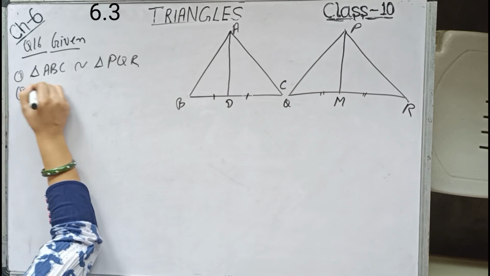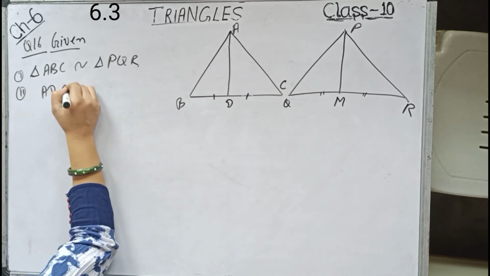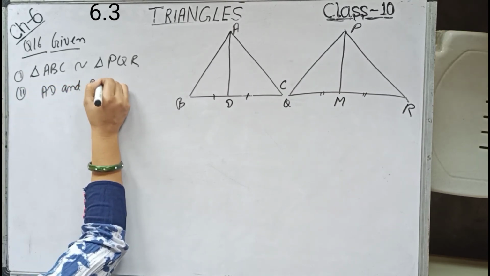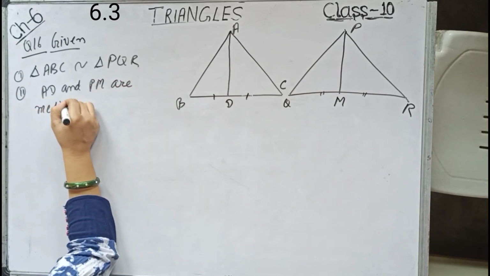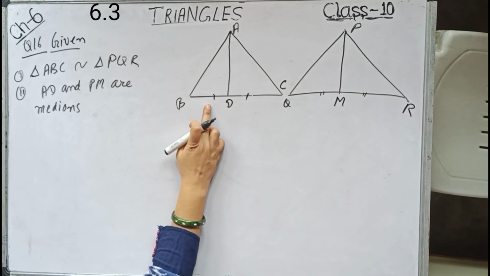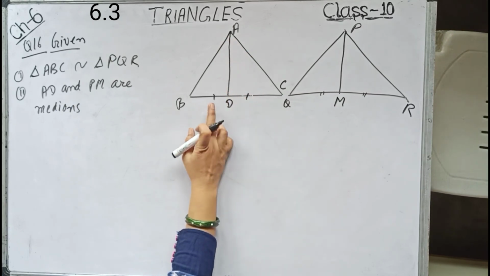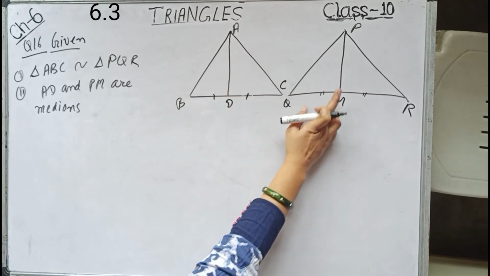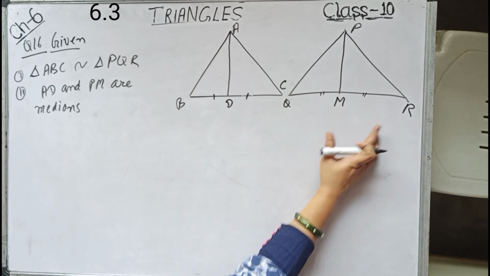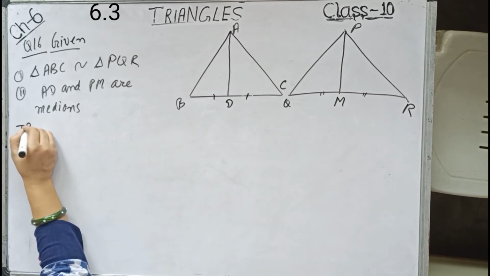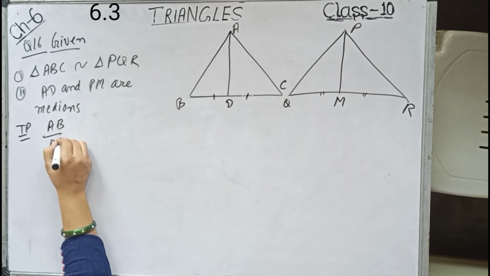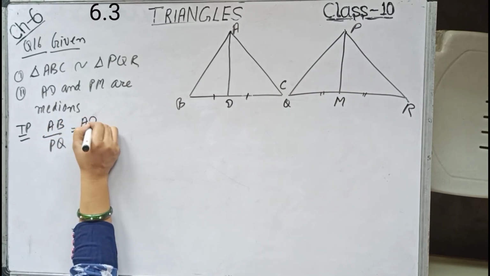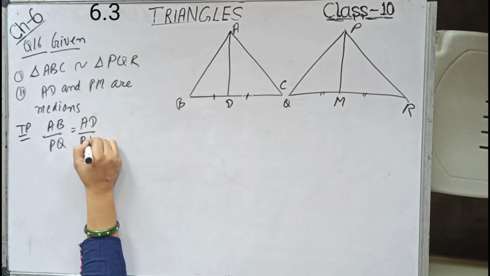Also AD and PM are medians. So since they are medians, median bisects the opposite side, so BD equals DC. Similarly, PM is the median, so QM equals MR. To prove: AB by PQ equals AD by PM.